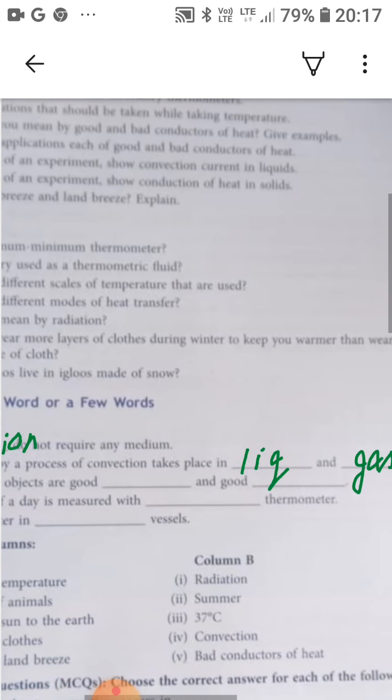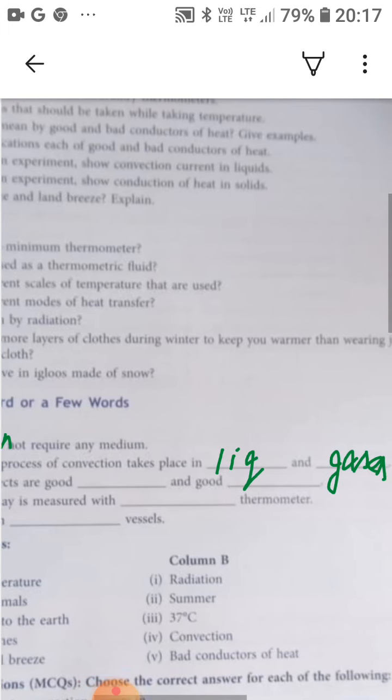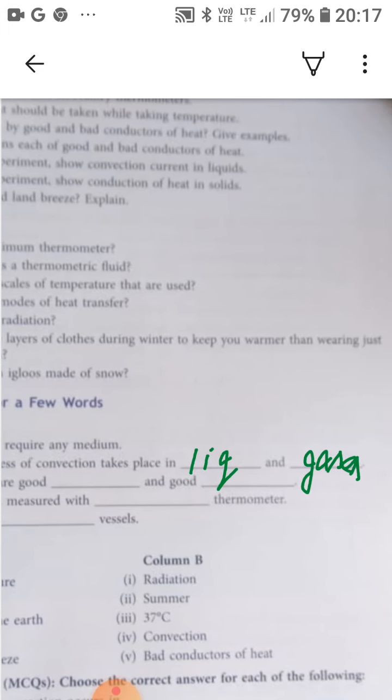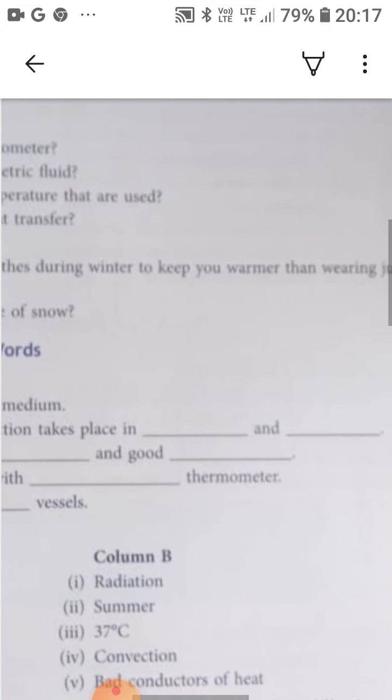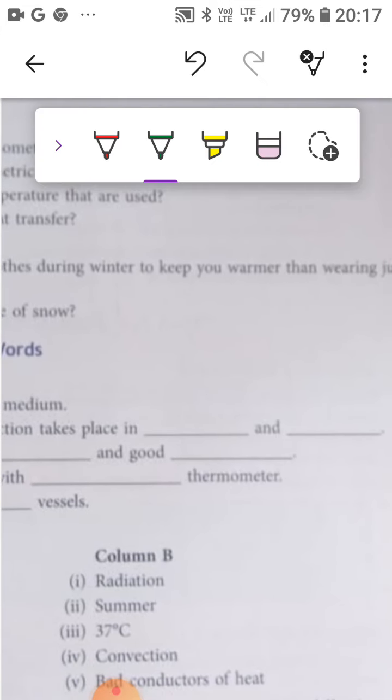So in second, heat transfer by a process of convection takes place in liquid, and gases. LIQUID and GASES.